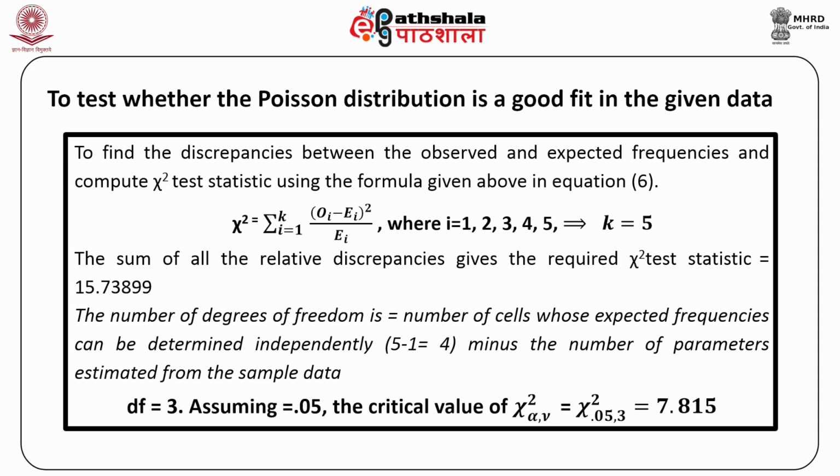In our illustration, we have estimated only one parameter, lambda, which is the mean, from the sample data. Therefore, the degrees of freedom nu is equal to 3. So assuming alpha equal to 0.05, which is 5%, the critical value chi-square alpha, nu, that is chi-square 0.05, 3, is equal to 7.815.